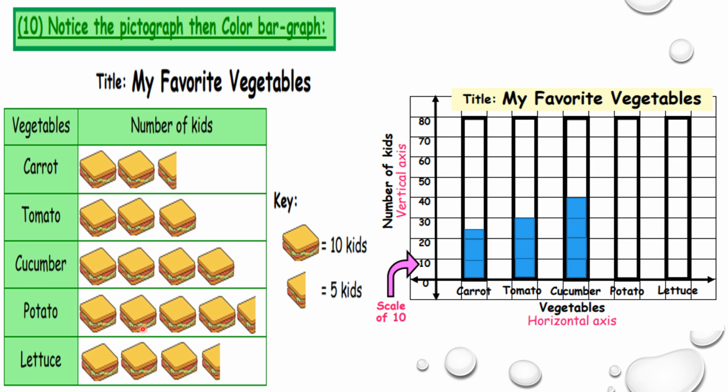The number of kids that like potato, let's see, 10, 20, 30, 40, and this is a half sandwich, so it's 45. So I will color to reach number 45. I don't have 5 on the bar scale because it's skip counting by 10. So I know that 45 is between 40 and 50, so I will color half of the bar.